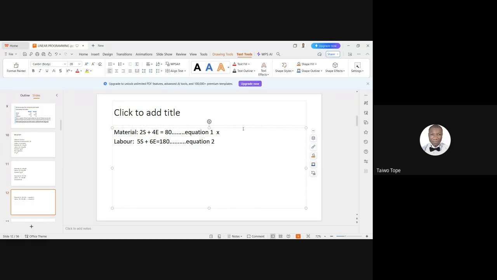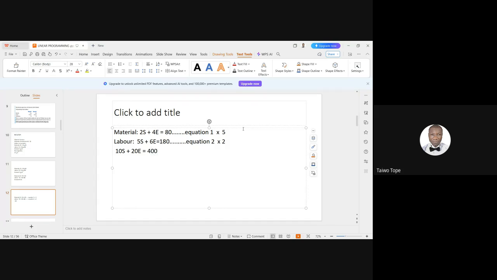So let's multiply equation 1 by 5 to eliminate s, and equation 2 by 2. So 5 multiplied by 2s, you have 10s, plus 5 multiplied by 4e, 20e, equal to 400.